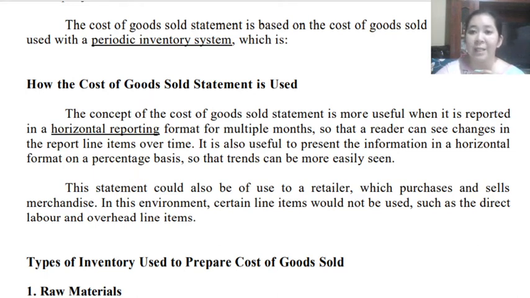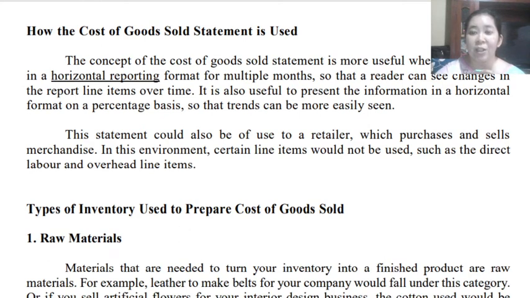So when this is done, the reader can see the changes in the costs, the pattern or the trend of the cost over time. So it is useful to present information in a horizontal format, or you can also use the percentage basis, because if you can see the percentage equivalent, you can easily determine if that is increasing or decreasing.